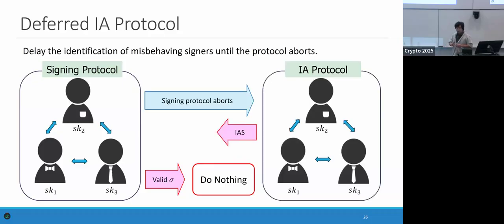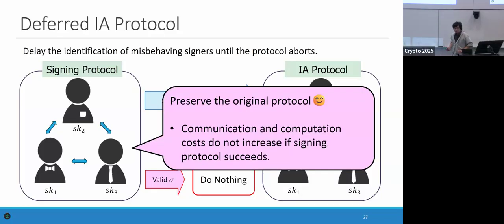But if the signing protocol aborts, then they move to the IA protocol and eventually obtain a set of misbehaviors. Then we can preserve the original signing protocol, so communication and computation cost during signing does not change if the signing protocol succeeds.